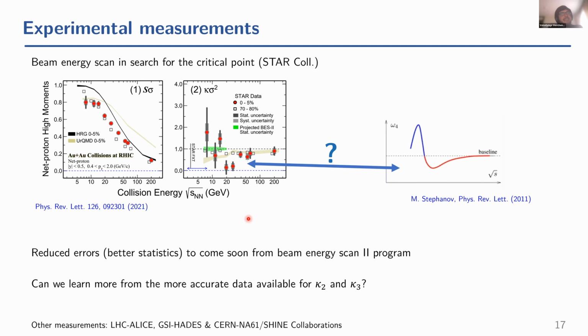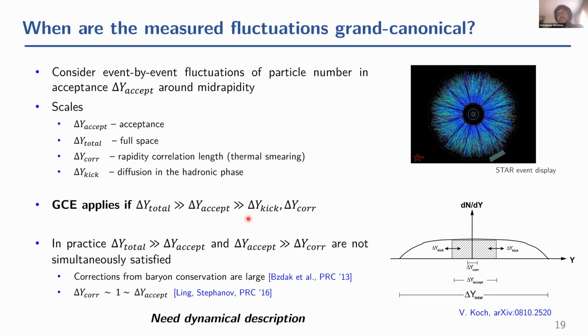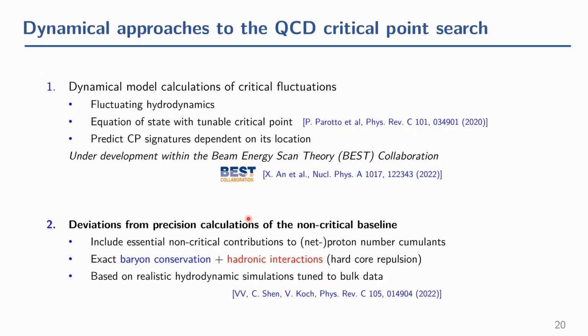The baseline is not a unity, basically. The non-critical baseline, which I will just get to, is not a horizontal line as a function of beam energy. Okay, so this is sort of the issue, at least in my view. And yeah, maybe since I'm just getting there, this will in a way answer some of these questions, right?